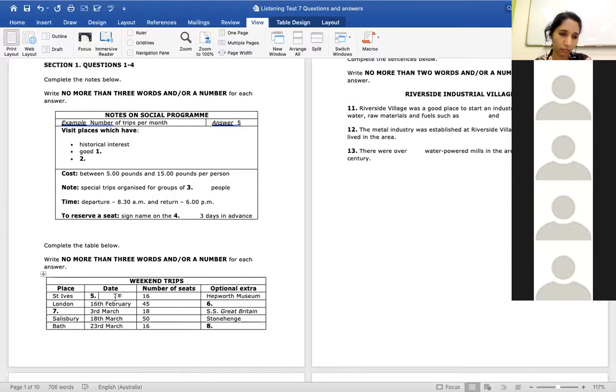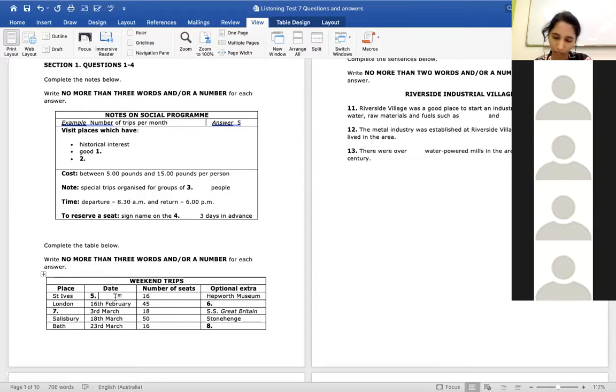Then there's a London trip on the 16th of February, and we'll be taking a medium-sized coach, so there'll be 45 places on that. And let's see, the optional extra is the Tower of London. Oh, I've already been there. Yeah. After that, there's Bristol on the 3rd of March. Where? Bristol, Bristol.